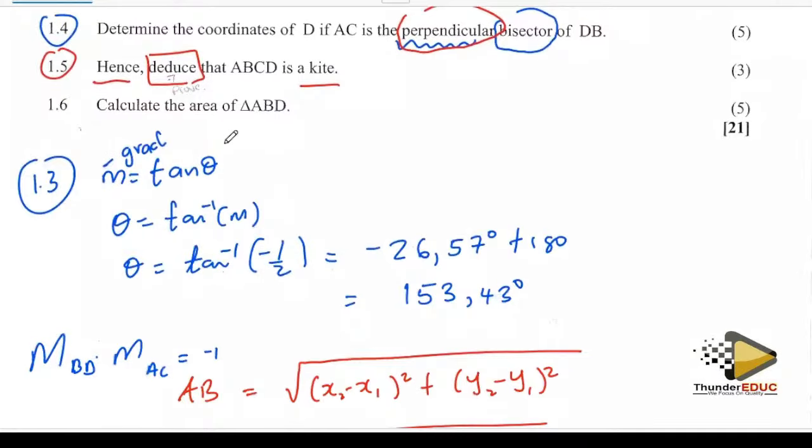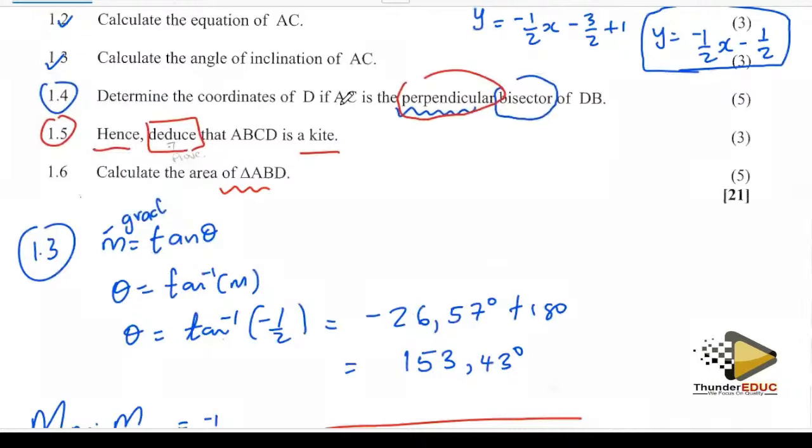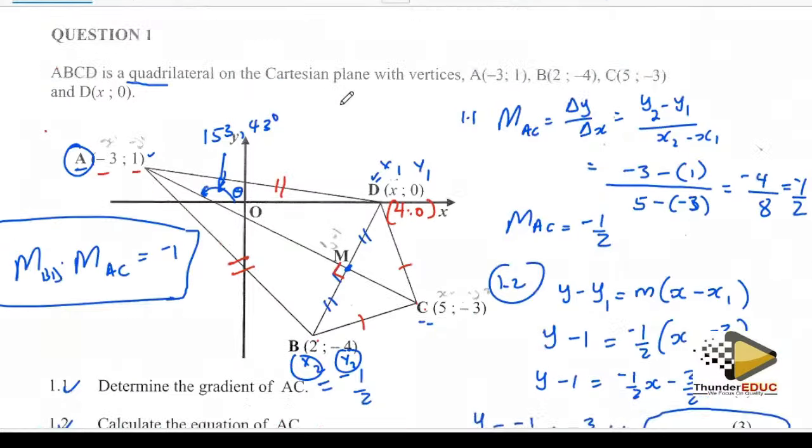Let's look at 1.6. They want us to calculate the area of ABD. Sorry, yeah, area of ABD. So if you look at this, this is our point of focus. Since they told us that there was a perpendicular bisector, so we have a 90, which means AM is our height.